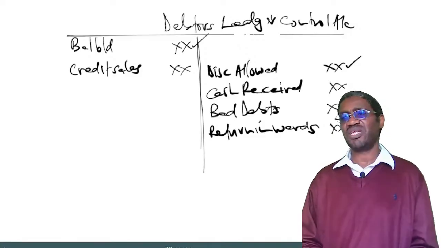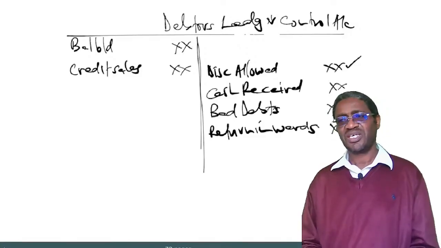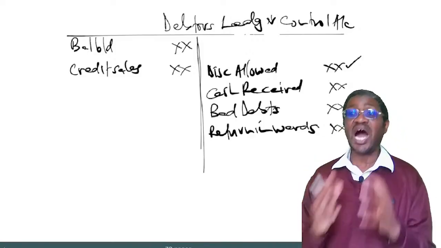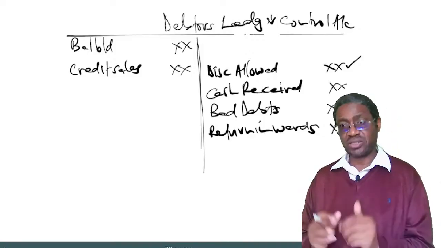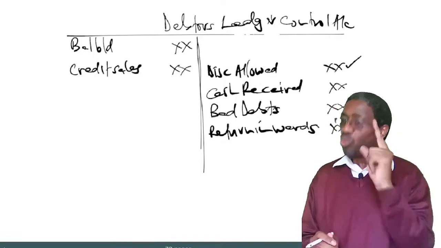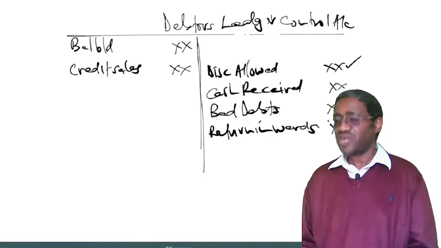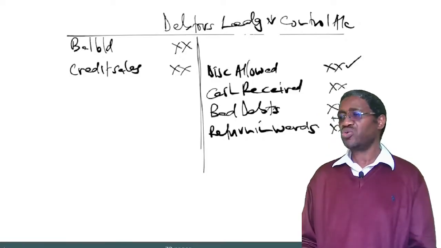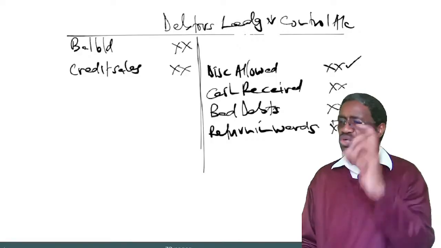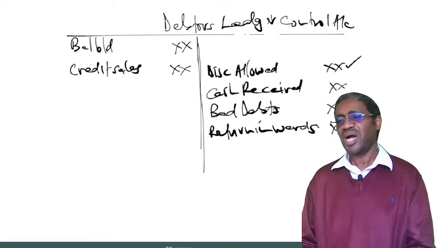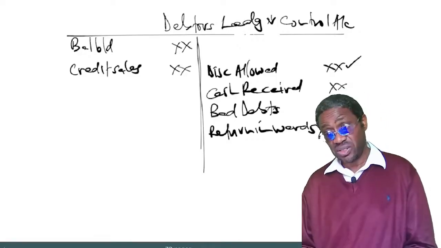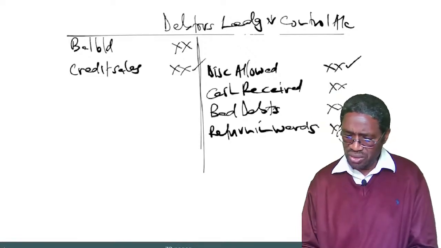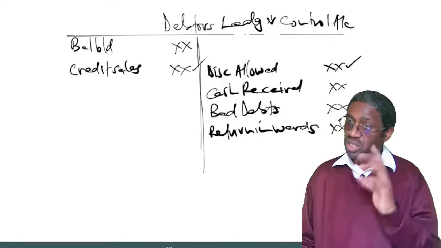What is the balance by the beginning of the year? Then you go look for the transactions that took place during the year affecting debtors. I've told you one of them is the credit sales, not cash sales, credit sales. When you sell goods on credit, you normally debit debtors and you credit sales. Because you normally debit debtors, debit the same amount in the control account.